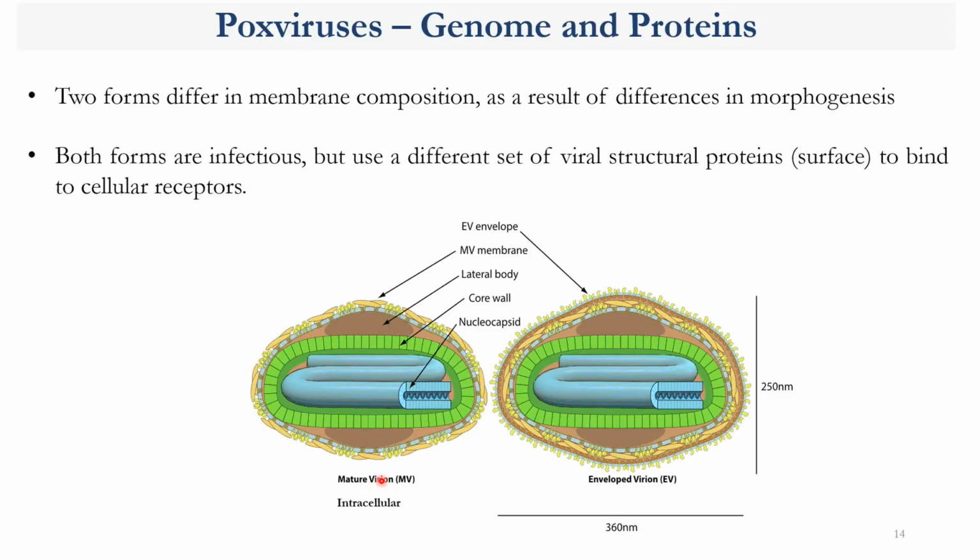The enveloped virion, the EV, is what gets sent out, and that's what will infect other cells, okay? Thing is, both these forms are infectious, and they use a different set of viral structural proteins to bind to the cellular receptors, okay? So you can see the structural proteins here and here. They are very different. You have this extra membrane in the enveloped virion that has those proteins.